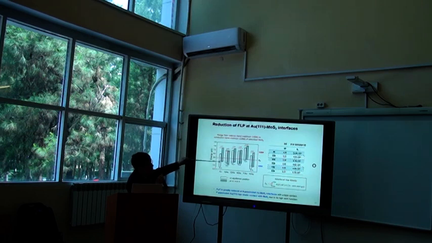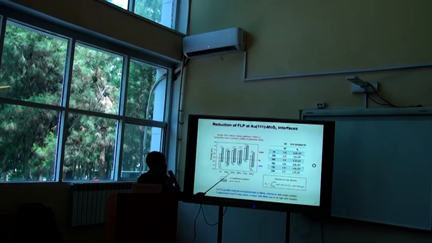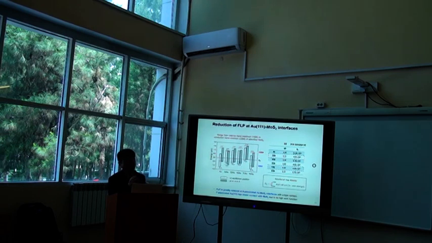The more difference between two bars, the more Fermi level pinning. And here, after capping with atomic species, the difference between the white bar and gray bar is much reduced, which means a reduction of Fermi level pinning.